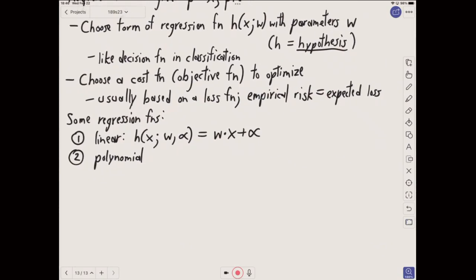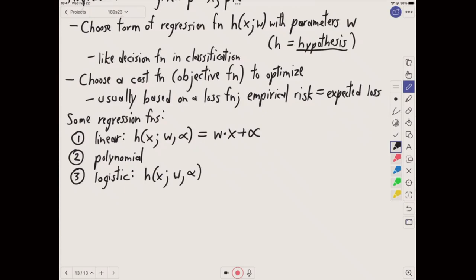And a third, more interesting example, which we'll visit later today, is called logistic regression. And here we are using a logistic function and fitting that directly to the data.